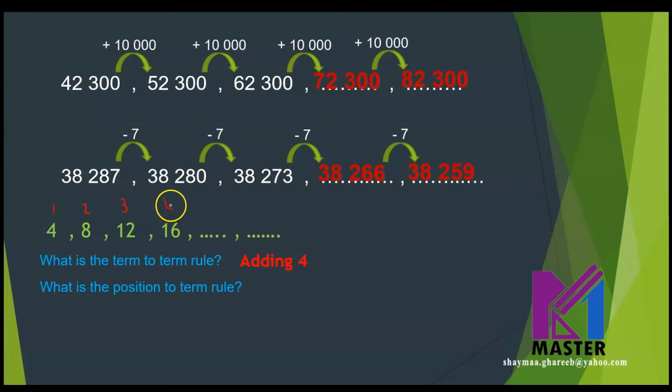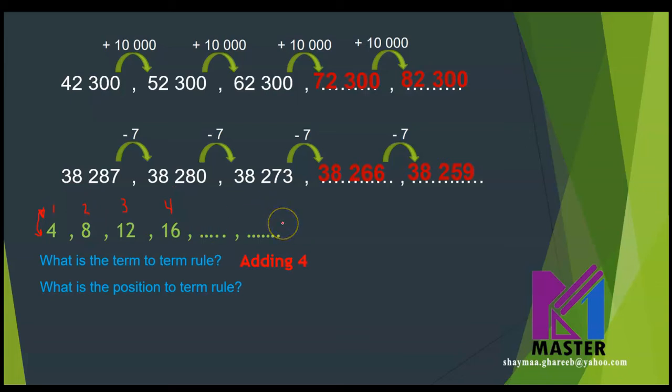So the 16 will be the fourth term in the sequence. We said the position-to-term rule is a rule that connects the position with the term. Okay, so the 1 became 4, what happened? The 2 became 8, what happened?